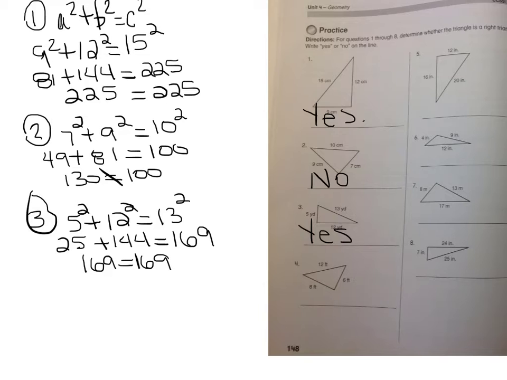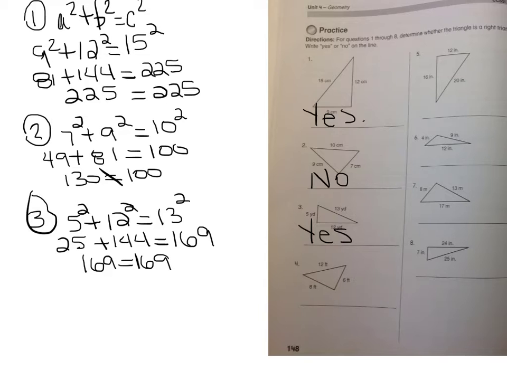What I want you to do now is pause the video, and do numbers 4 through 8 by yourself. When you are finished, turn back on the video, press play, and check your work.